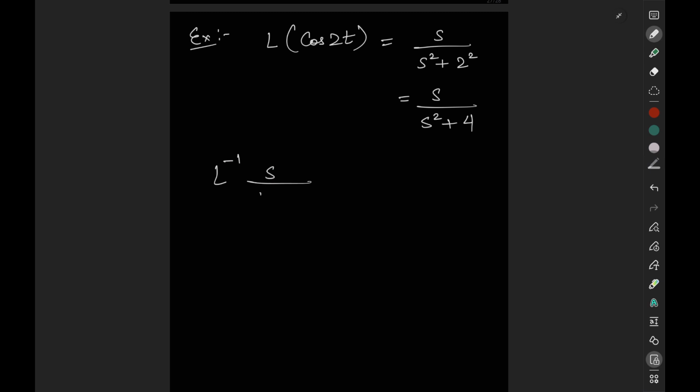Similarly, the Laplace of cos 2t is equal to s upon s square plus 2 square, that is s upon s square plus 4. So the inverse of s upon s square plus 4 will give cos 2t.